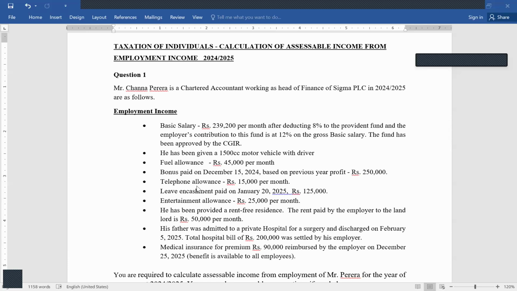The next one, that is telephone allowance. Again, we have a term, allowance, telephone allowance. So is it liable? Is it liable for the tax?